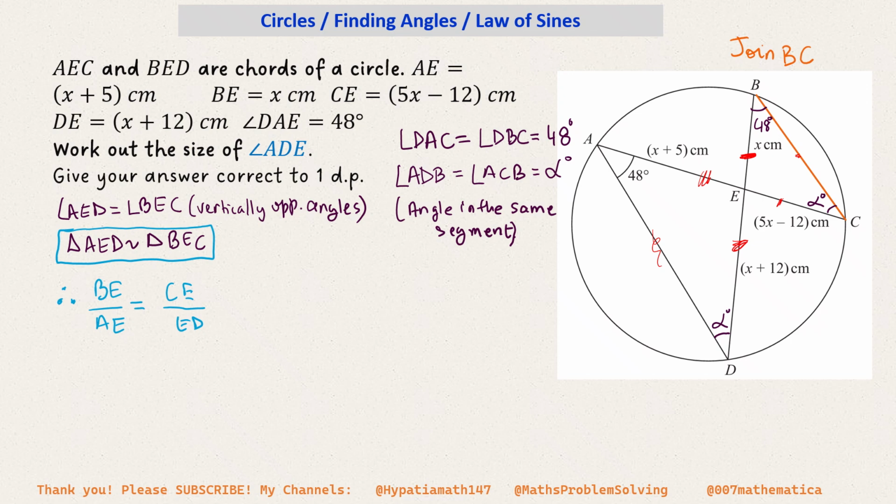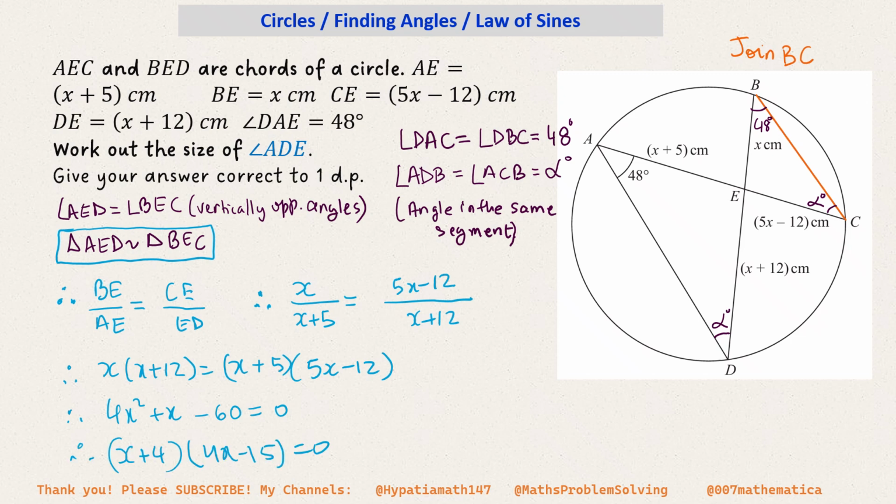But anyway, BE out of AE is equal to CE out of ED, and then you can write down the side lengths. So x out of x plus 5 equals 5x minus 12 divided by x plus 12, and you go on to solve for x.